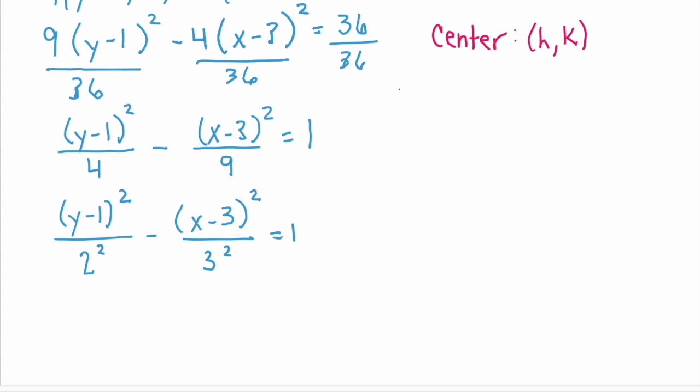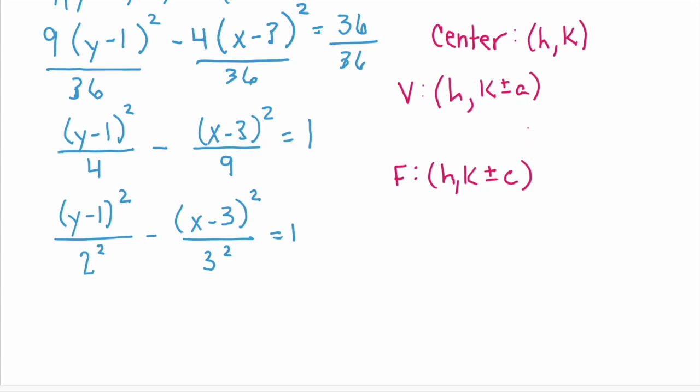We also need to find the vertex, or the vertices. And those are found for this specific type with h, k plus or minus a. We also need to find the foci, which are found with h, k plus or minus c. So notice we need some things. We need to know h, k, a, and c.